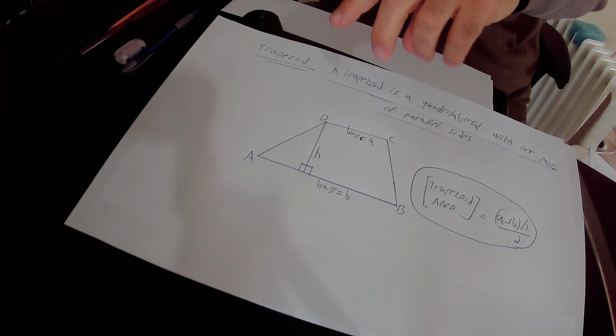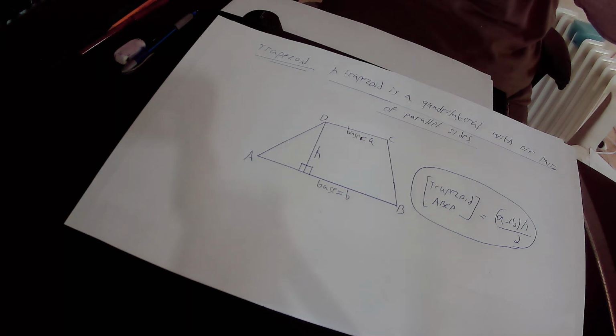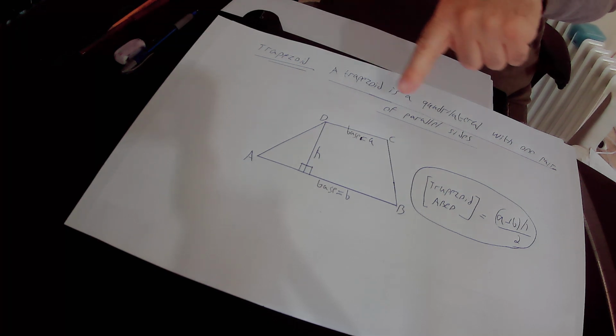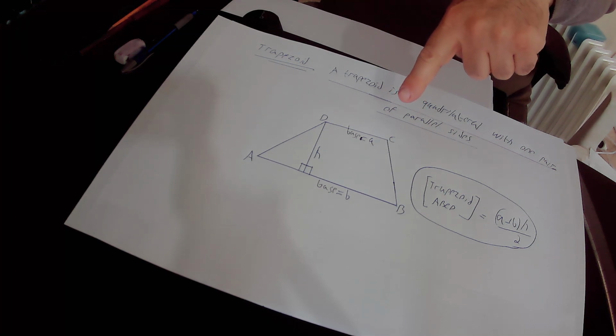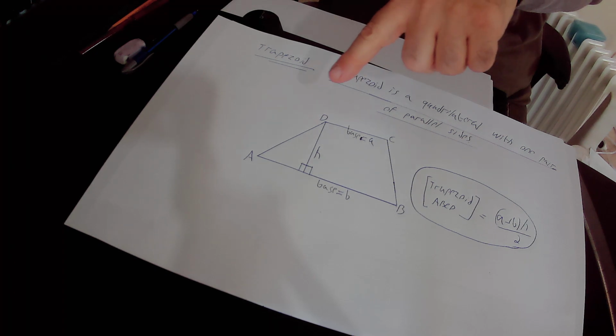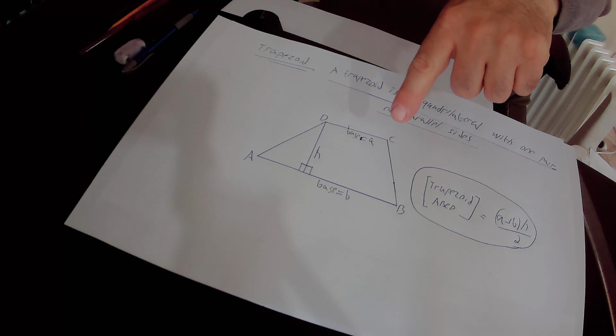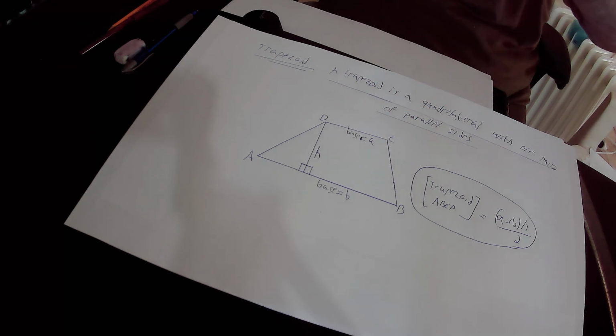So what is the area of this trapezoid ABCD? Here the parallel sides, DC equal to A and AB equal to B, are defined as the bases of this trapezoid.